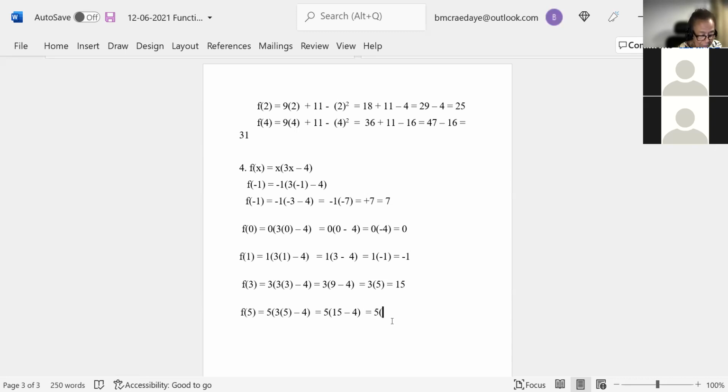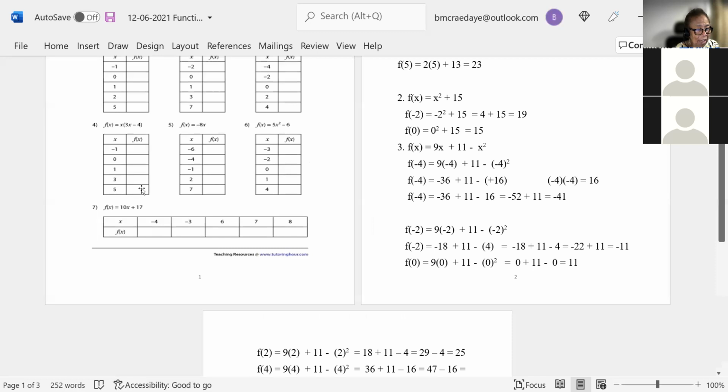That's 11. What's 5 times 11? 55. So when the input is 5, then the output is 55. So you put a 55 here. Okay, you got it?